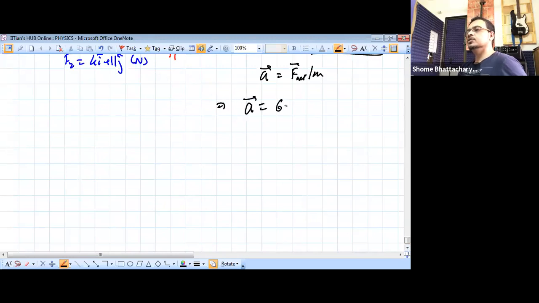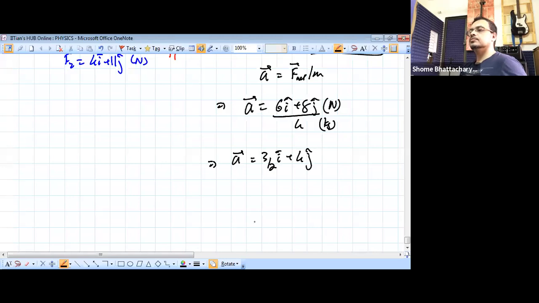So net force was 6 i cap plus 8 j cap in newtons divided by the mass, which is 4 in kilograms. So the acceleration is 3 by 2 i cap plus 4 j cap.